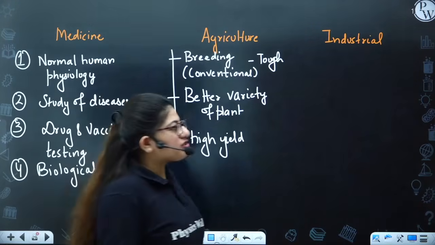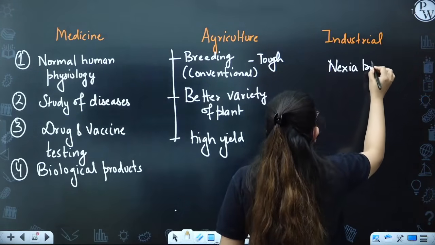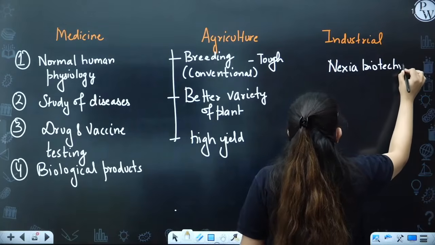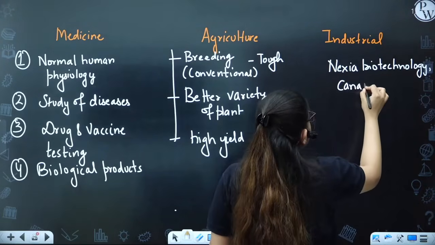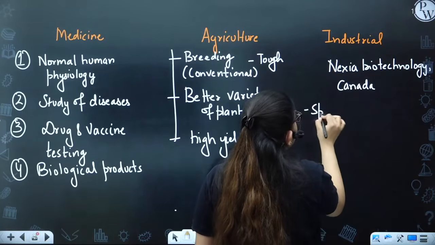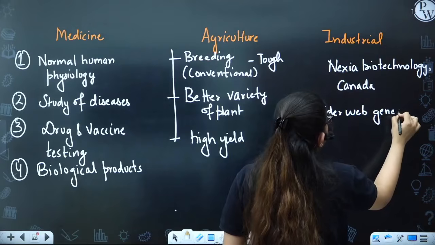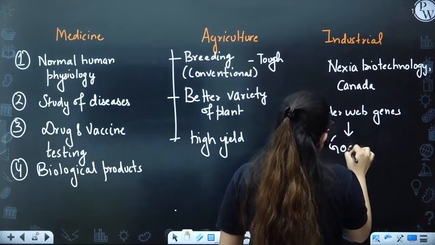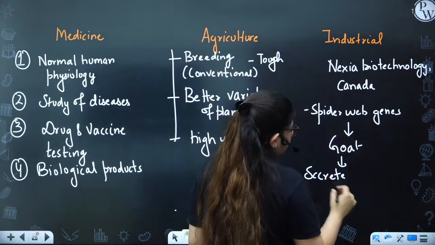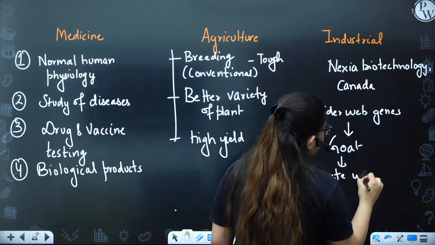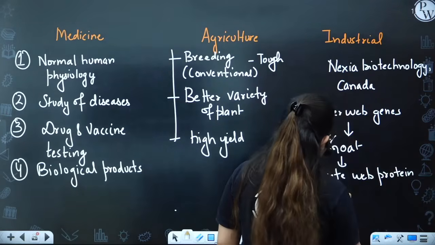So in industrial application, there was a company known as Nexia Biotechnology, which is in Canada. They added spider web genes in a goat. Yes. Now, goat will secrete the web proteins in milk.